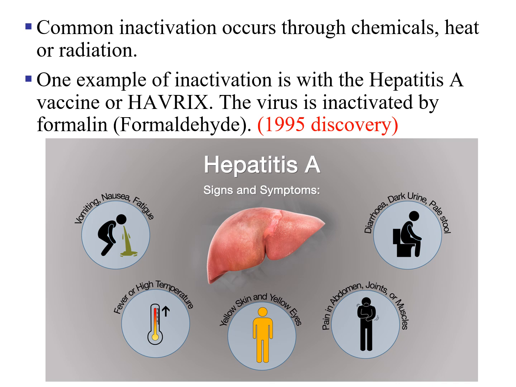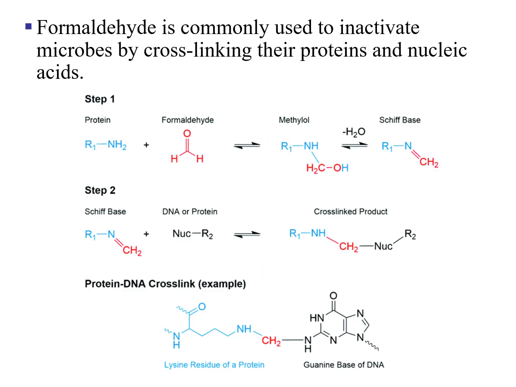If this virus got into you, hepatitis A, it is going to cause vomiting, nausea, fatigue, fever, very high fever, and so on. So again, this chemical is used to alter and destroy this virus.